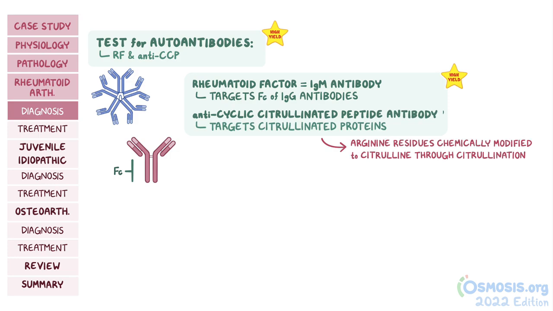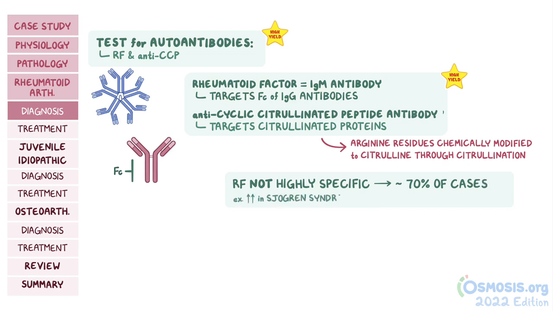A high-yield fact you should know is that although RF is associated with rheumatoid arthritis, it's not highly specific as it's positive in just 70% of cases. In addition, RF can also be elevated in other diseases like Sjogren's syndrome, lupus, sarcoidosis, and hepatitis B, among many others.